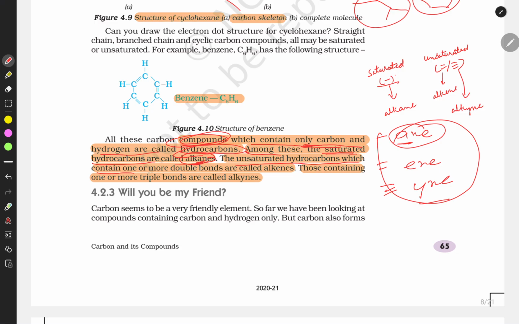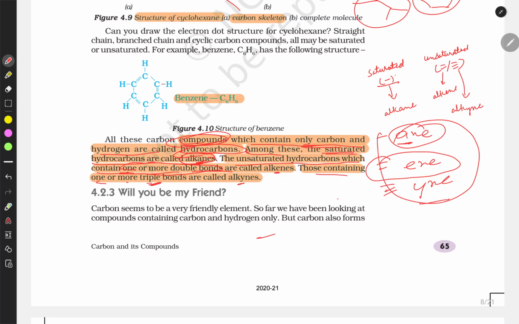Unsaturated hydrocarbons which contain one or more double bonds are called alkenes, and those containing one or more triple bonds are called alkynes. It does not necessarily contain only double bonds. Not every bond needs to be a double bond.